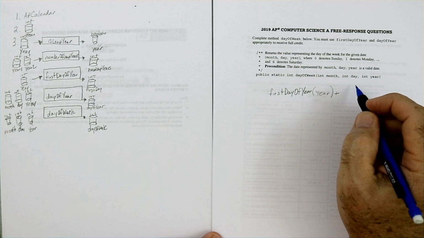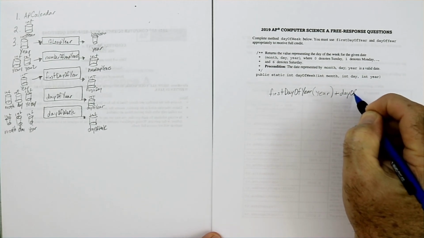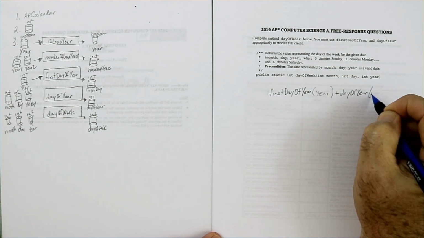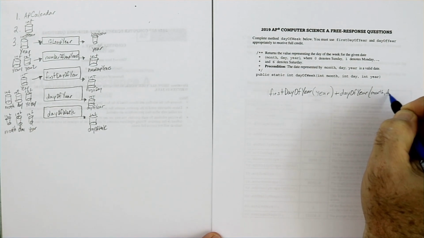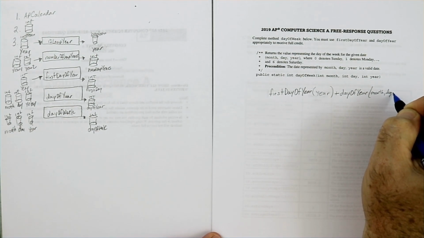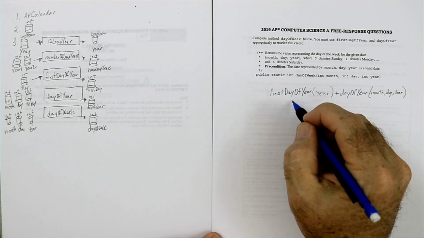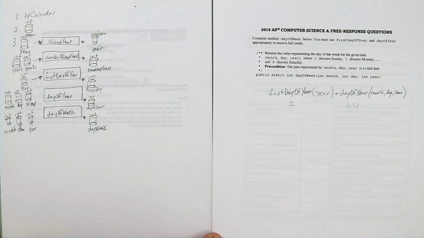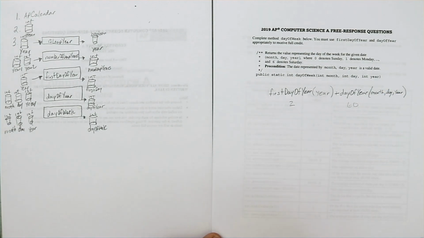Remember, day of year takes in month, day, and year. So let's say this gives you the 2, and this gives you 60. But the problem with this is it's 62, but we said the first day starts with a 0.